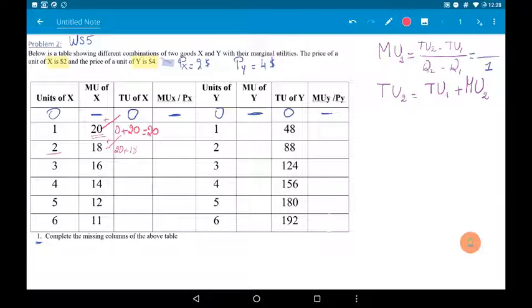So 20 plus 18, 38. 38 plus 16, 54. 54 plus 14, 68. 68 plus 12, 80. 80 plus 11, 91.